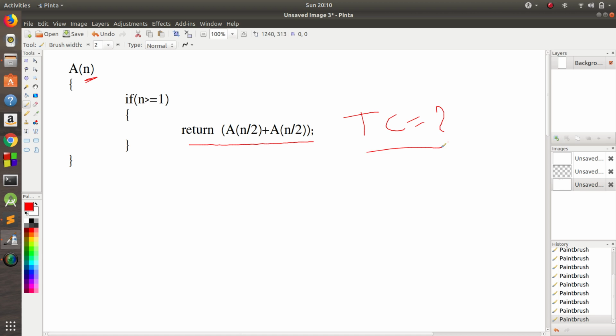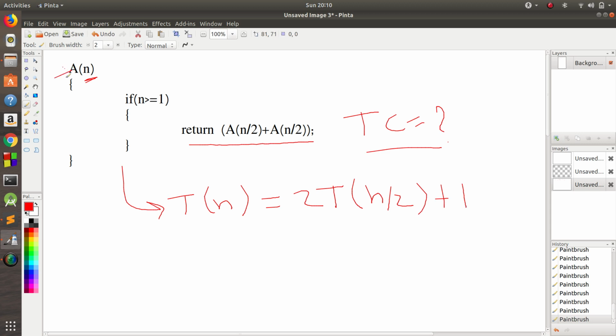So the recurrence function of this shall be T(n) = 2T(n/2) + 1. The explanation for this recurrence function is that in this function, whenever n is greater than or equal to 1, it would be calling the function A twice.